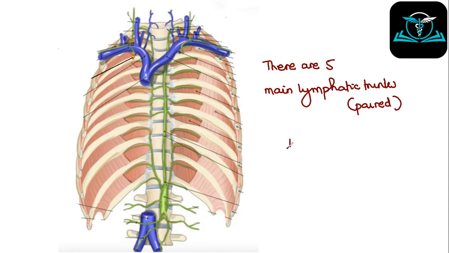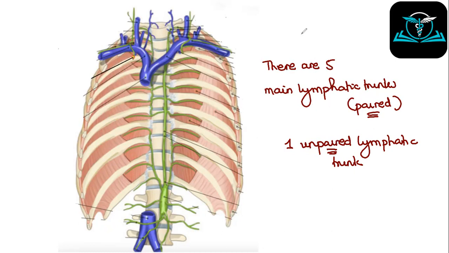Then we have another one unpaired lymphatic trunk. So generally 6 main lymphatic trunks which are paired, and then 1 main lymphatic trunk which is unpaired. So it means that this one is only found on just one side of the body, but these 5 are found on the left and then the right.